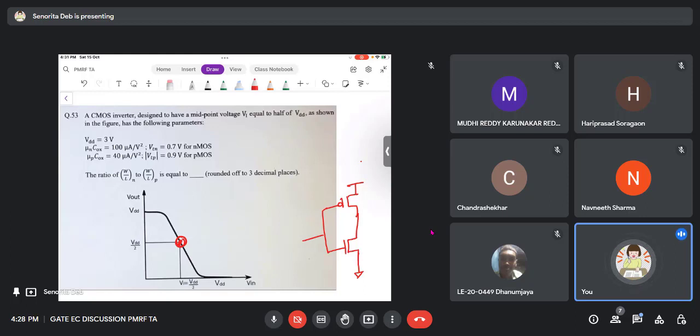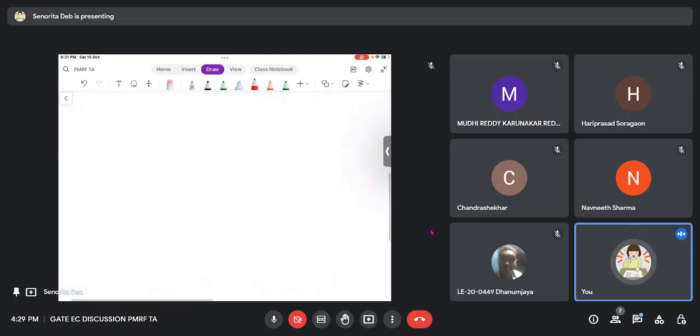But anyway, considering that IDP equals IDN, the drain currents are equal, and you have all the values required for finding the drain current. So what is the drain current formula? We have seen it: half mu n Cox W by L (VGS minus VT) whole square, right? Now for IDP, it will be half mu p Cox (W by L)p.